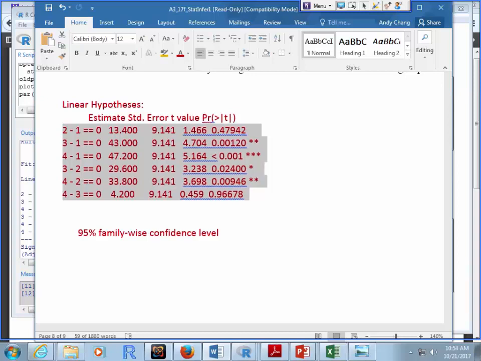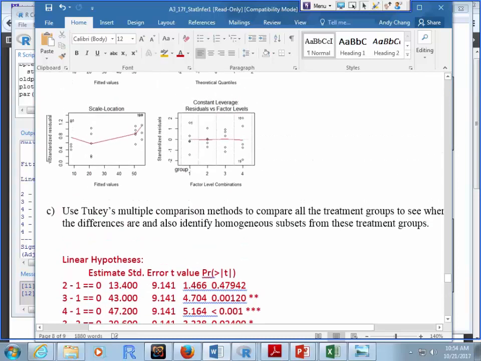In that case, your alpha should be divided by 6 for each of those tests, in order to keep the family-wise type 1 error maintained at 5%. That's an important thing you need to know, just in case in the future you are involved in a study and people mention it, you understand what it means. And this is one test.